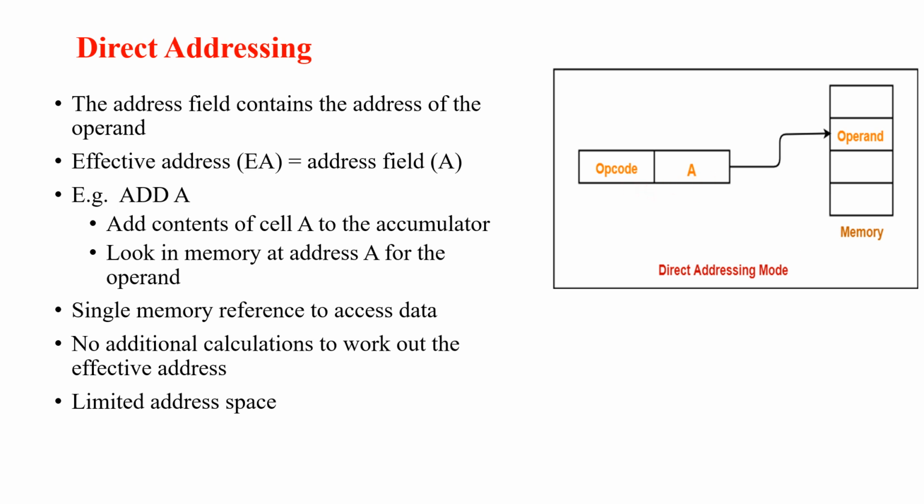This mode requires a single memory reference to fetch the data, making it straightforward to use. There are no additional calculations required to determine the effective address, as it is already given in the instruction. However, the trade-off is that direct addressing has a limited address space, depending on how many bits are allocated to the address field in the instruction.